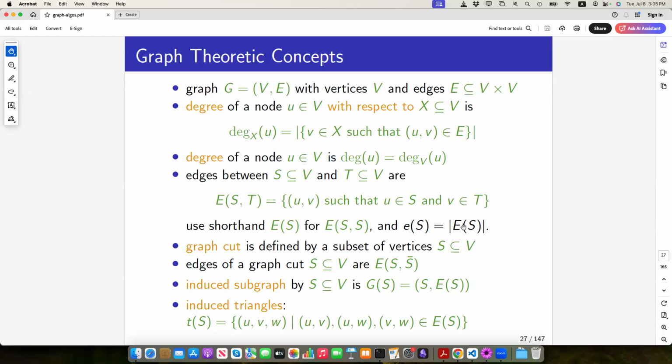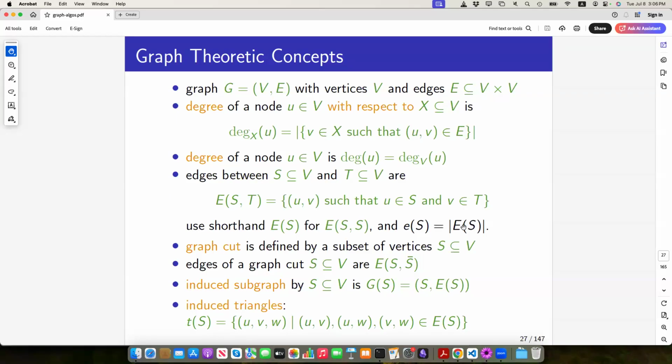So the degree of a node is simply the number of its neighbors, and we will use at some point, probably, if I get to be a bit more technical later, the degree of a node within a set. So basically, it's the number of neighbors of U within that set. You can be in that set, can be outside, we don't care. Now, if we have two sets of vertices, they could even be the same. They could have overlaps, they could be disjoint, doesn't matter.